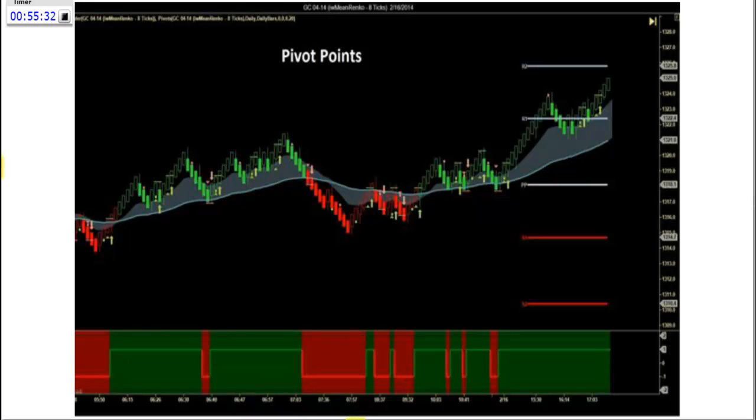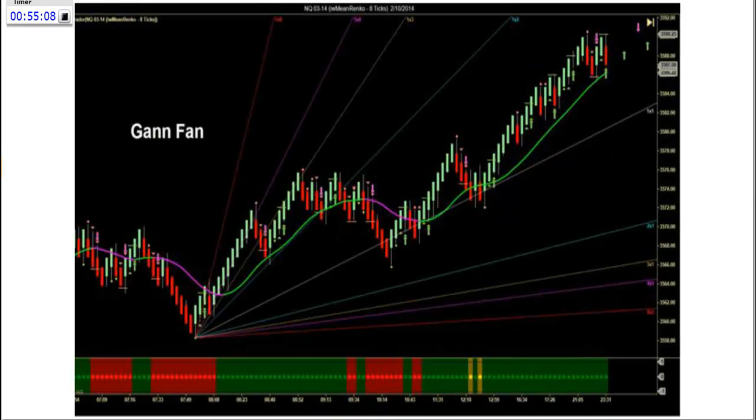Or are they influential because there's really support and resistance happening at these levels? We'll talk about that more in a minute. The big problem with pivot points is a lot of people don't know how to trade them, and we'll address that also. I'll show you some different methods that you can use to trade support and resistance.